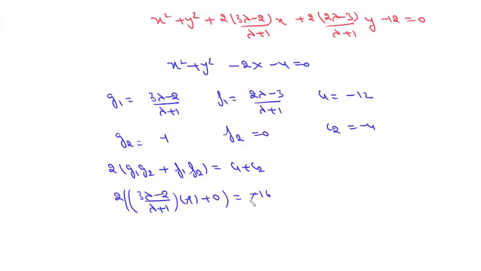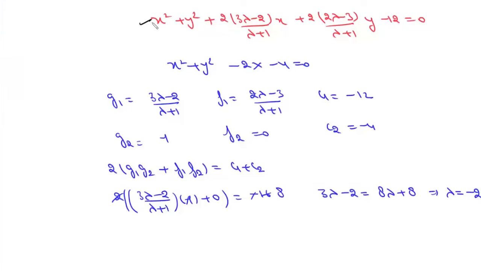Now this minus and minus will cancel and it will be this 8. So we can write this as 3 lambda minus 2 will be equal to 8 lambda plus 8. From here we'll get the value of lambda as minus 2.